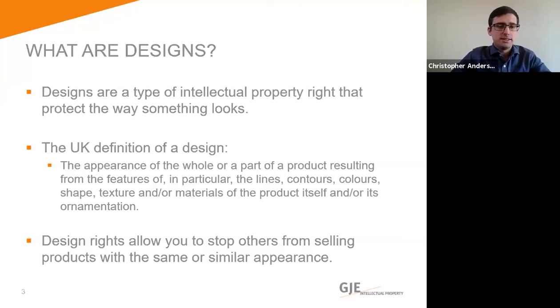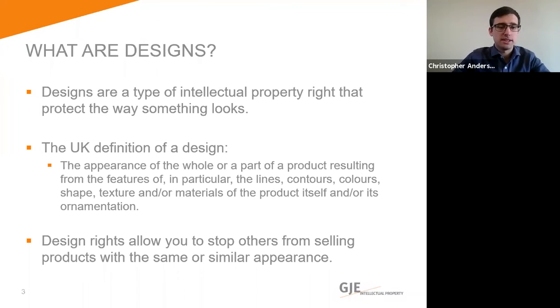So definitions of this will vary around the world, but generally they mean roughly the same thing. The UK definition there is that a design is the appearance of the whole or part of a product. And this definition gives a non-exhaustive list of features that can contribute to the appearance of a product. So there are lines, contours, colors, shape, that sort of thing.